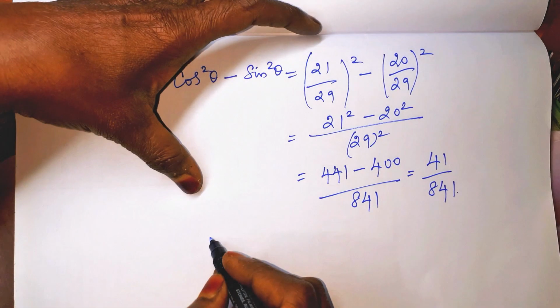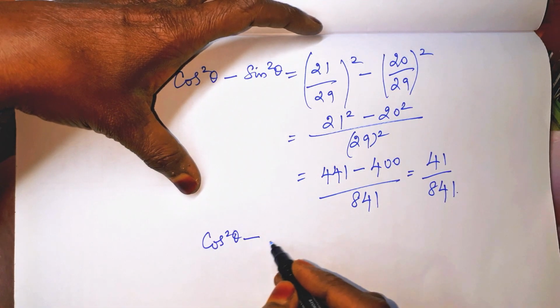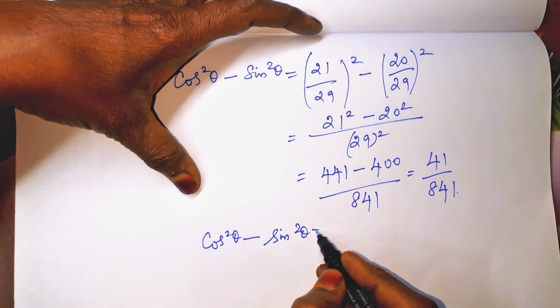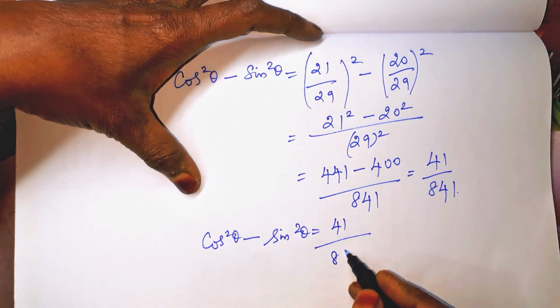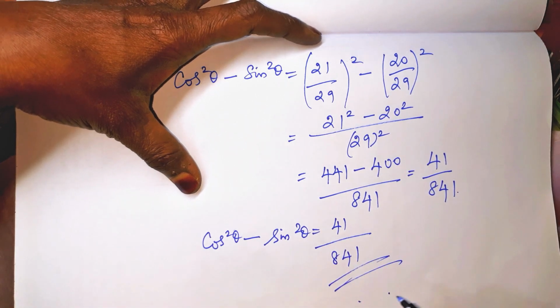So the answer for cos square theta minus sine square theta is equal to 41 by 841. Is it clear?